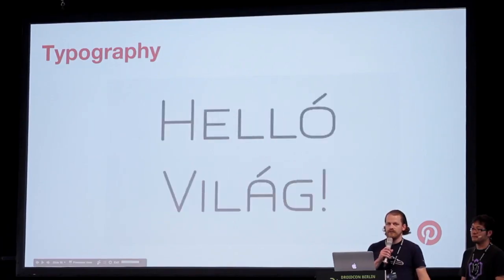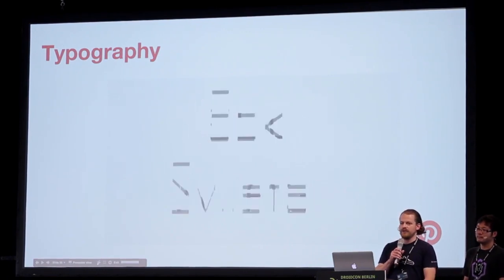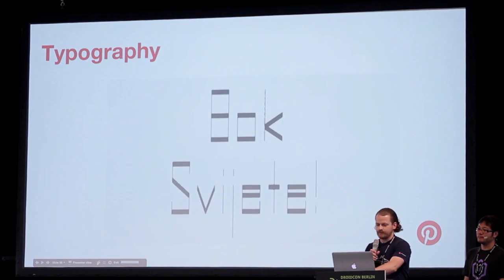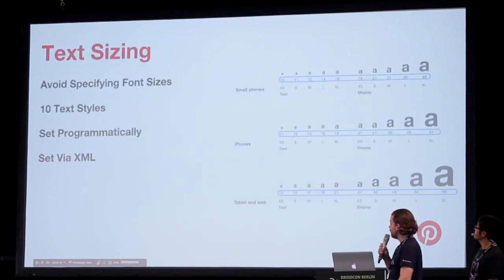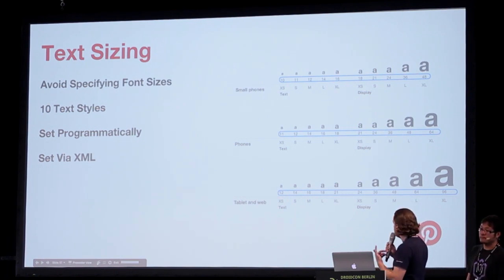So the goal is to create a custom text view that basically has all the functionality specified by the design spec, and it's really easy to use. For text sizing, we want to avoid specifying the explicit font sizes. So in blue, you can see whatever font size is supposed to be for the different device classification.